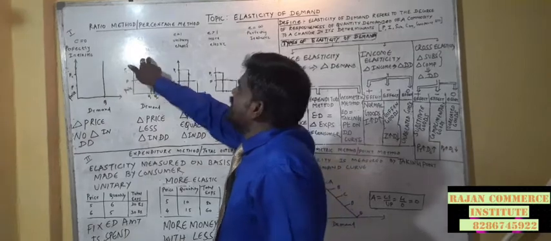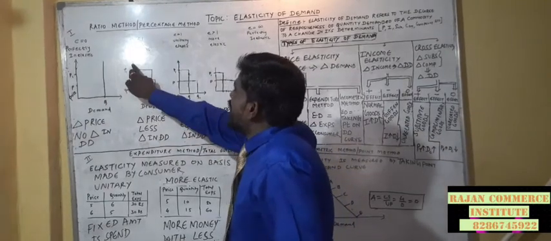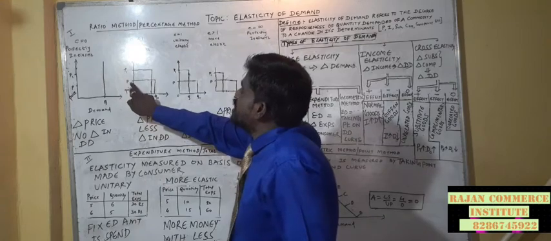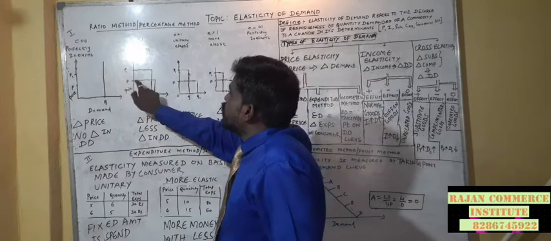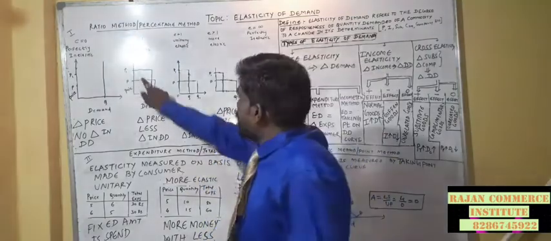Now come to less elastic. See the price line. Price is rising from P to P1. You can see the area of the rise of the price level.